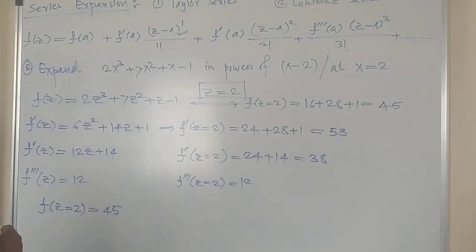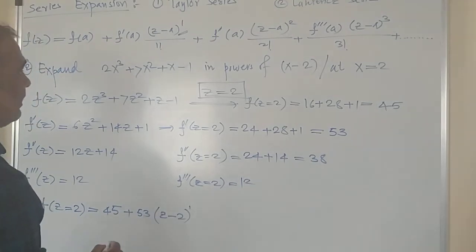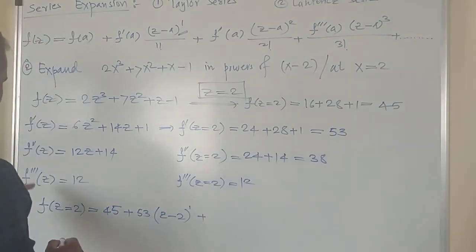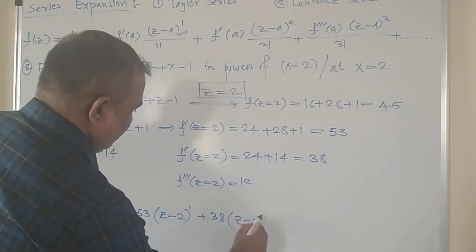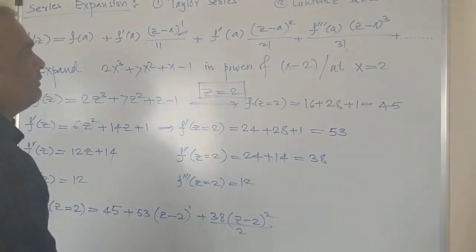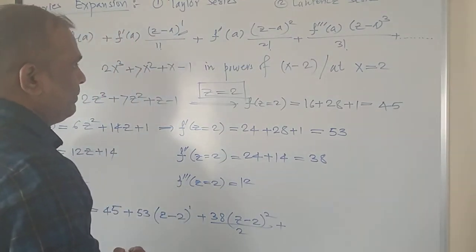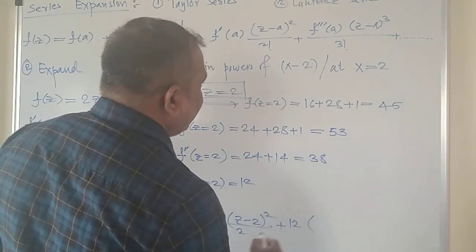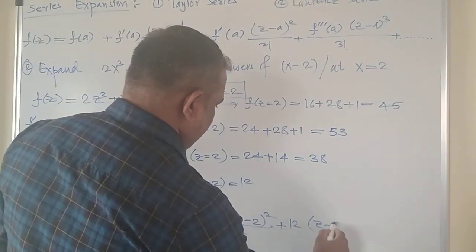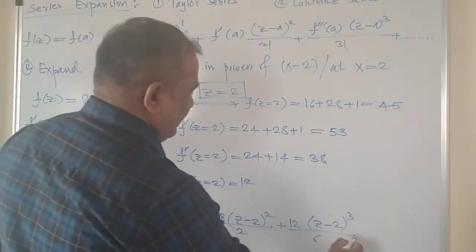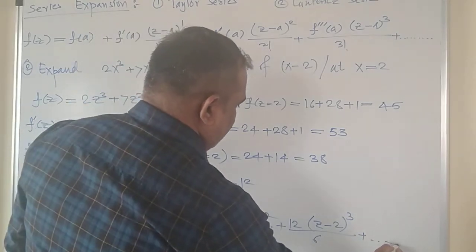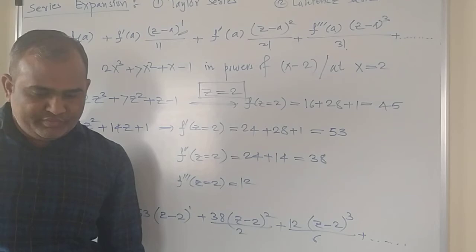So this is equal to 45 plus f dash of a, which is 53, into z minus a raised to power 1, z minus 2 raised to power 1 upon 1 factorial, plus f double dash of a, which has value 38, into z minus a squared, z minus 2 squared divided by 2 factorial, that means 2 only, plus f triple dash of a, which is 12, so this is 12 into z minus 2 cubed divided by 3 factorial, 3 factorial is 6, plus dot dot dot, the rest of the terms will be there. Got it? So in this way you can expand the term.